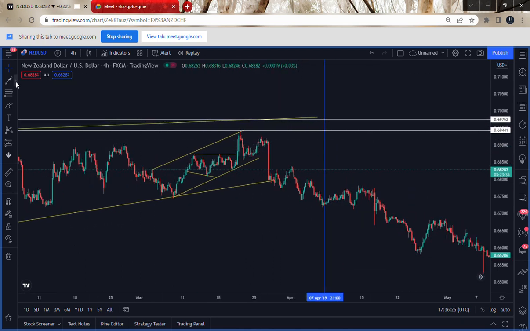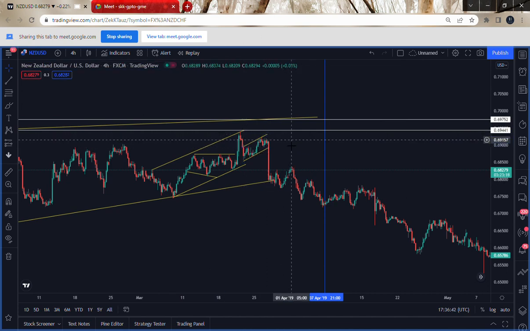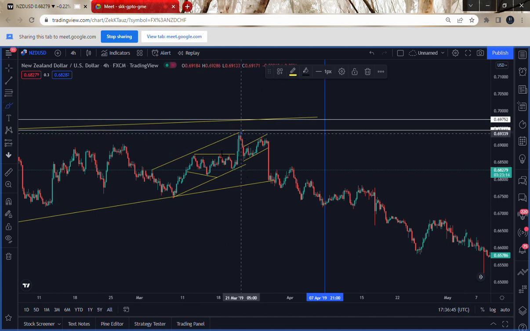So now, to refine that entry on the 1 hour, I was just going to do a refinement. I'll show you on another pair. On the 1 hour it's still the same principles, right? We were coming from the impulse, the correction, and then we had an impulse up to the third touch, and then in the third touch we had a retrace candle, and then we moved all the way down.